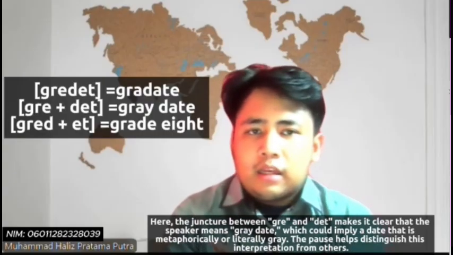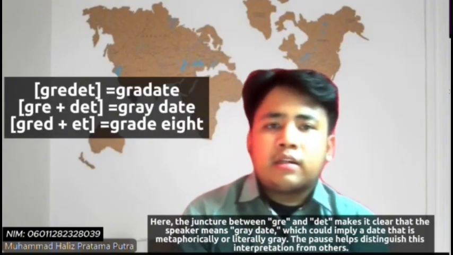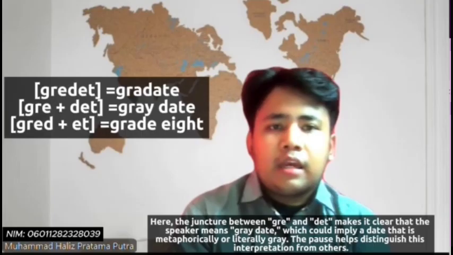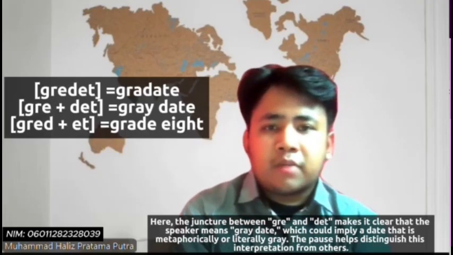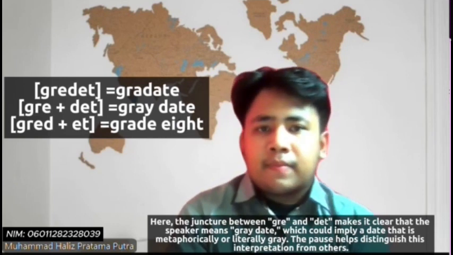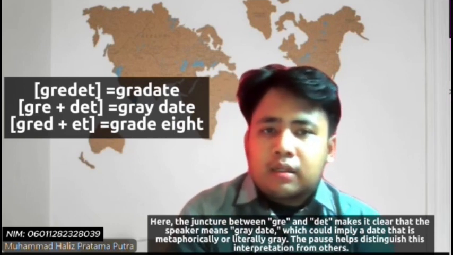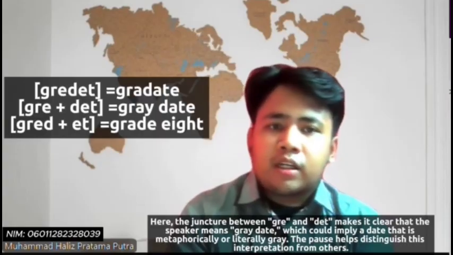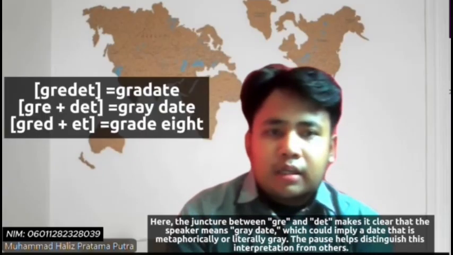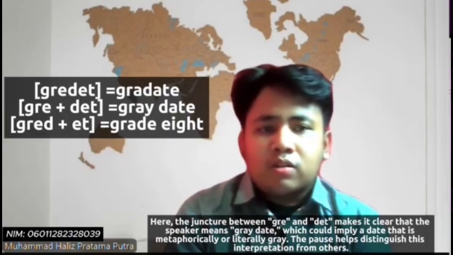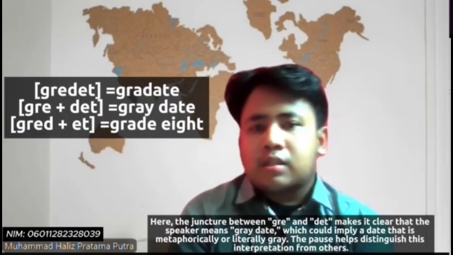For "gray date," here the juncture between "gray" and "date" makes it clear that the speaker means "gray date," which could imply a date with a metaphorical or literal gray. The pause helps distinguish the interpretation from others.